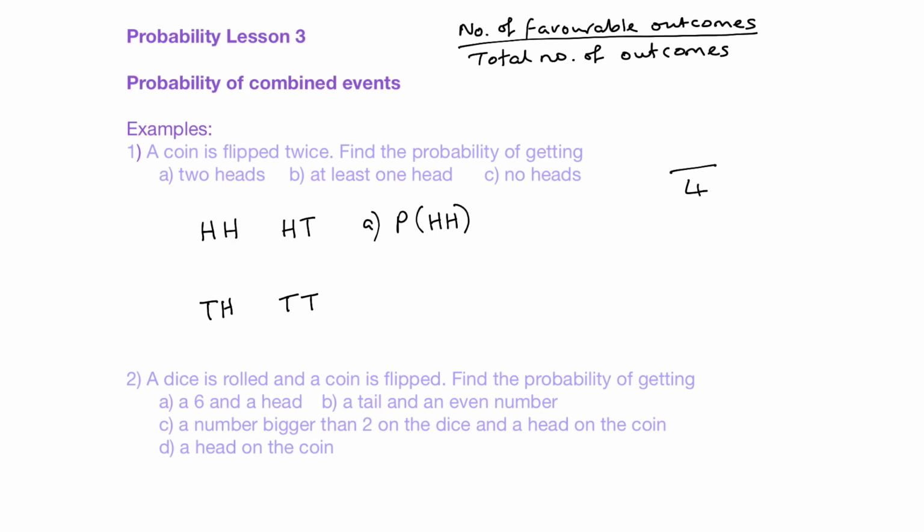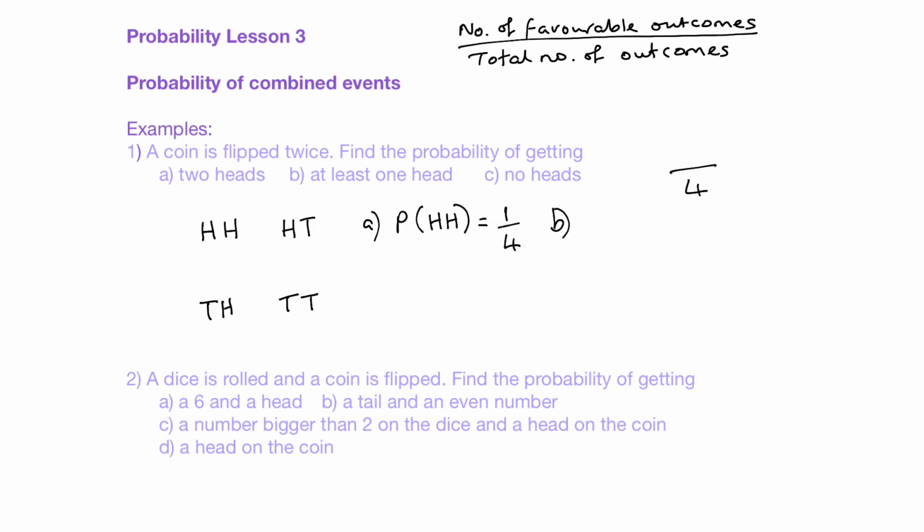So the probability of getting 2 heads is, well, let's have a look. That's 2 heads, that's not, and that's not. So there's 1 out of 4. The probability of getting 2 heads when you flip a coin twice is a quarter.